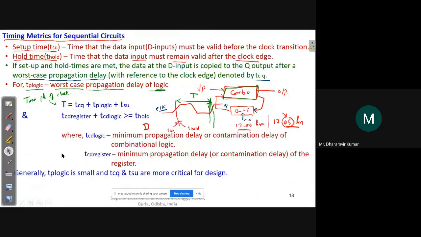Okay, so there was a net issue here. So basically, these two conditions should be met.